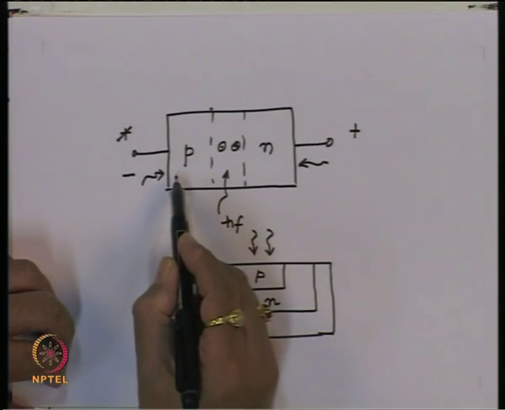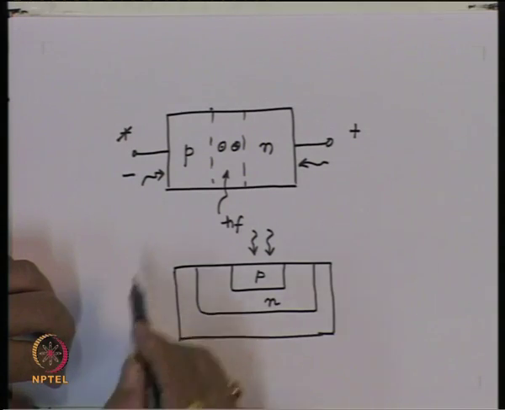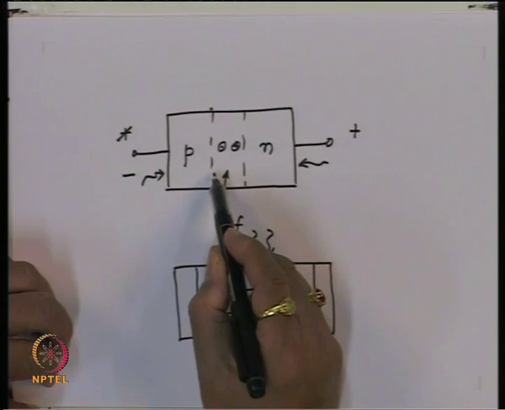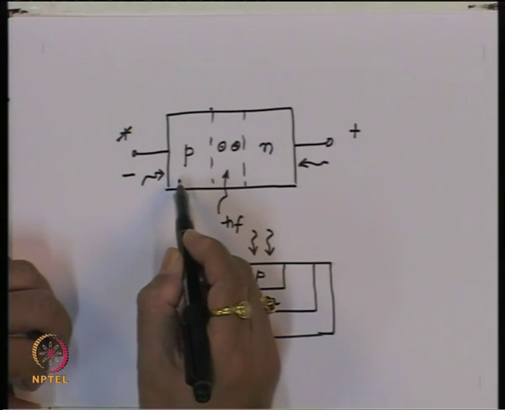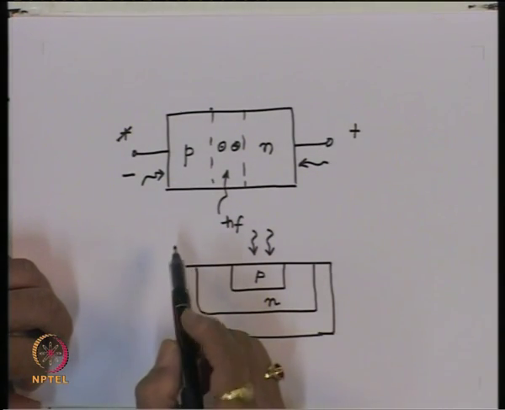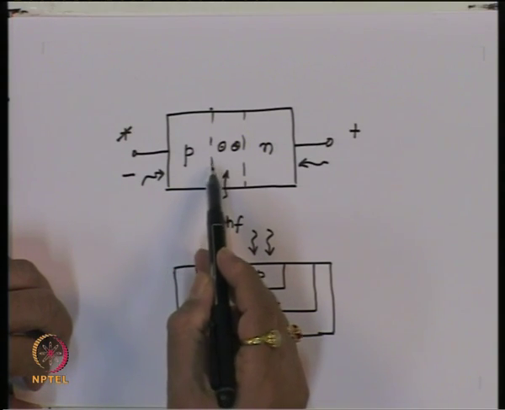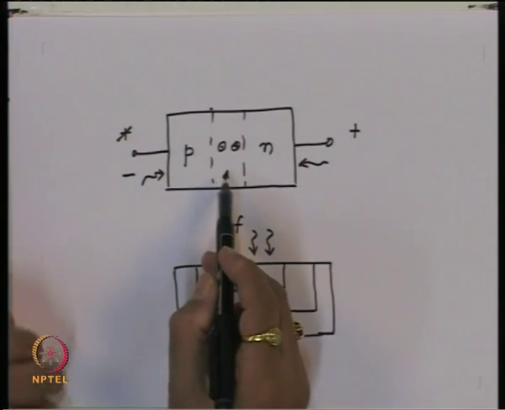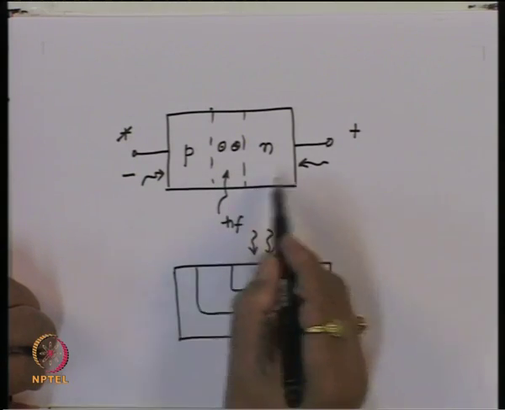Now, the carriers which are generated in this region do not experience much electric field, because most of the electric field is present inside the depletion region. So, if these carriers have to be collected into the external circuitry, first they should slowly move to the depletion region, and then from the depletion region, under the influence of the electric field, you will have a current called the drift current.